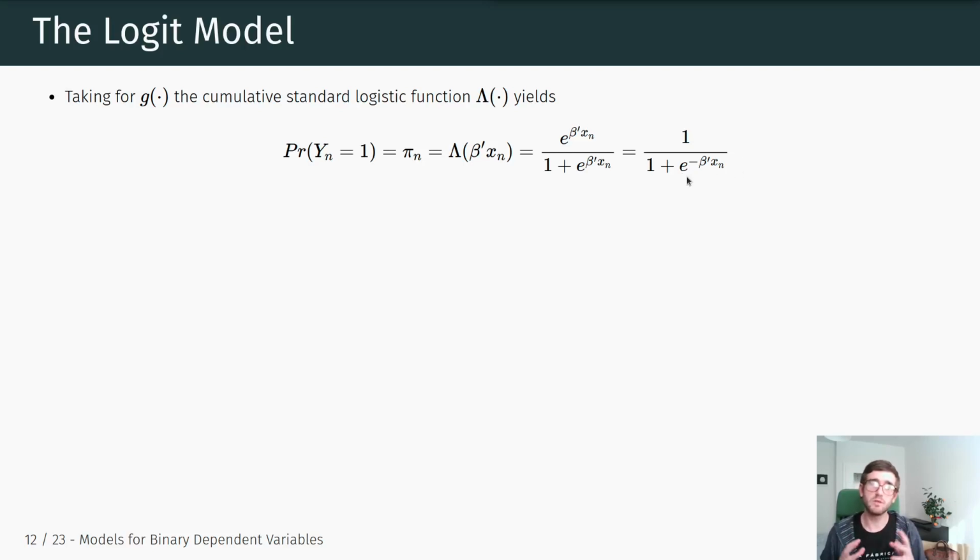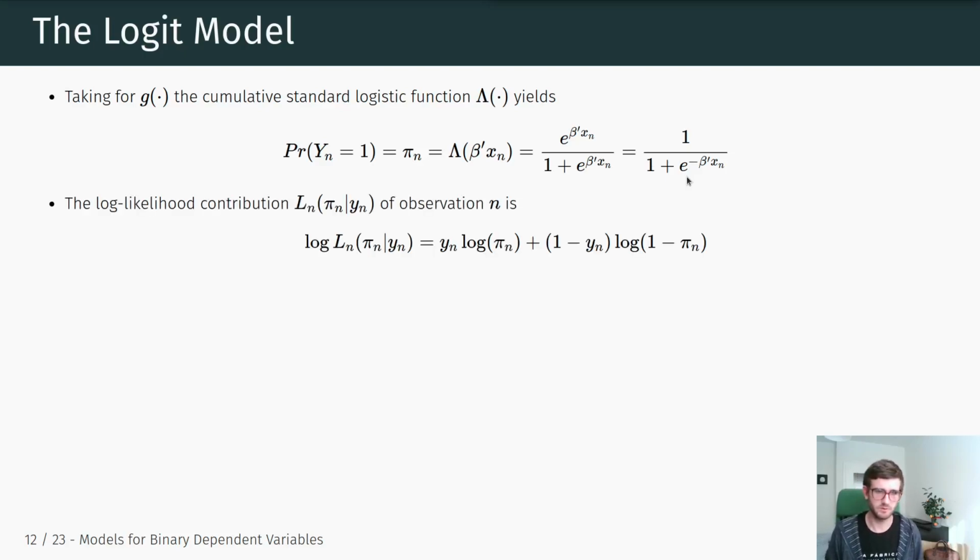So this is just one function that fulfills the task we wanted, which is mapping our systematic component onto the range from 0 to 1. We can then use this link function to specify our log likelihood function, first for each individual observation. The log likelihood contribution for each individual observation n, for dichotomous trials, is yn times log of pi n plus 1 minus yn times the log of 1 minus pi n.